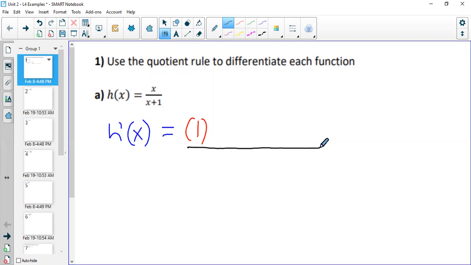So the first thing I'm going to do is take the derivative of the first function, the top function, which is the derivative of x is equal to 1, and I'm going to multiply that by the original bottom function, which is x plus 1.